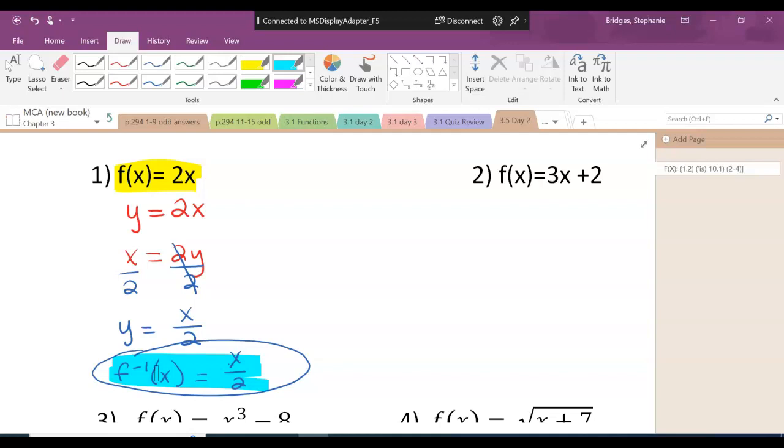Replace your f of x with y. It would be y equals 3x plus 2, and then it would be x equals 3y plus 2.